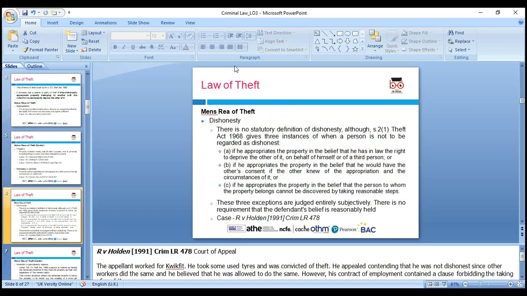Like dishonesty, there is no definition of dishonesty, although the Theft Act gives three instances when a person is not to be regarded as dishonest.